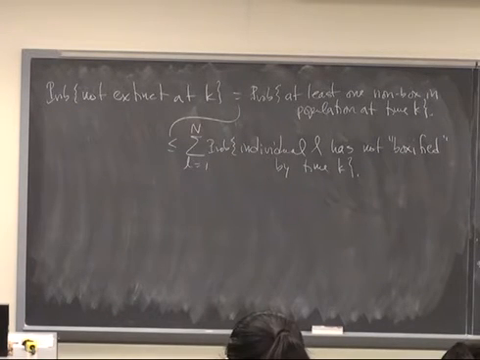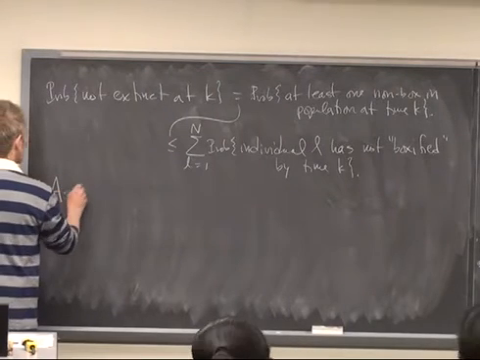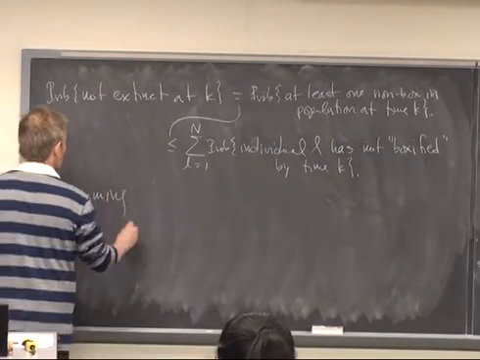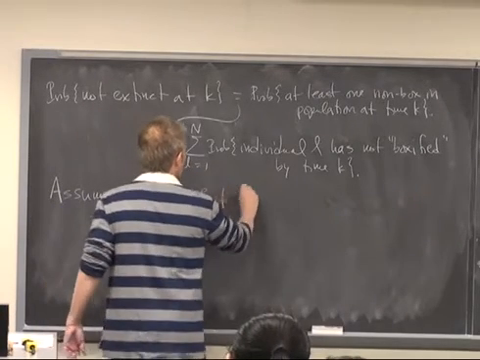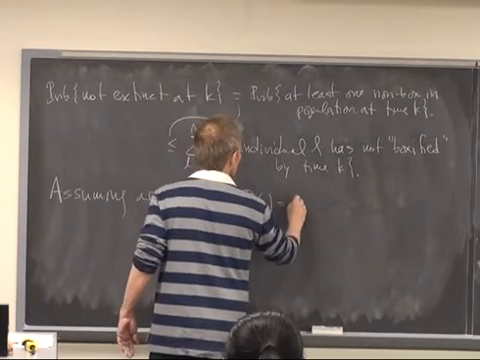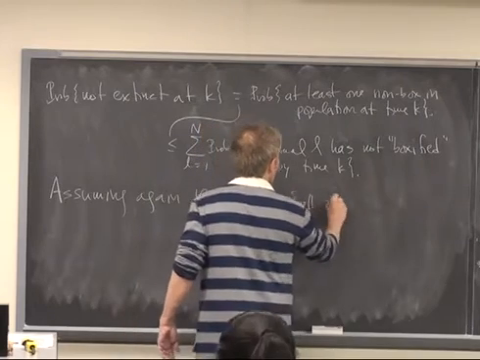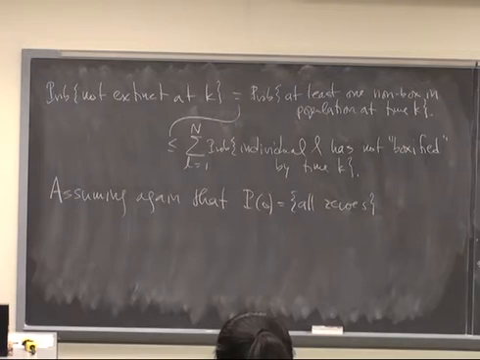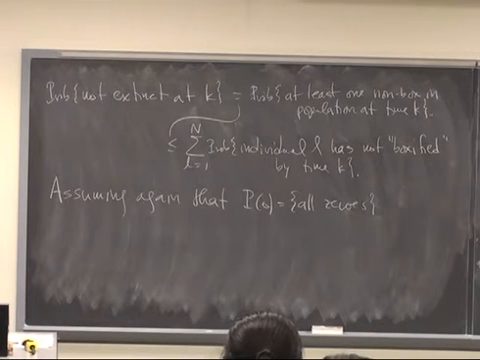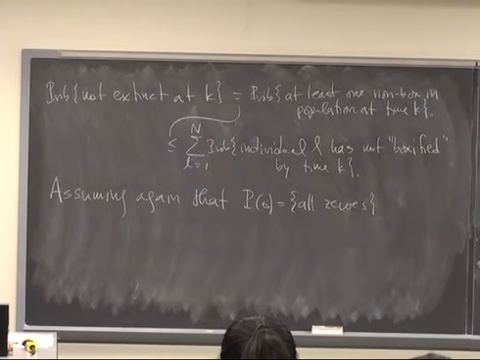Okay, now assuming again that we start at 0, the all 0 population, which is pretty optimistic. So assuming that p of 0 is all zeros, so everybody's alive at time 0, what is the probability that a given individual has not boxified by time k? Anybody have a suggestion for that?